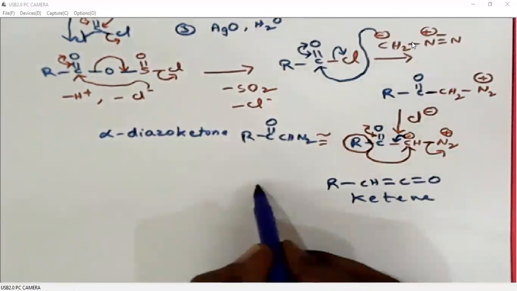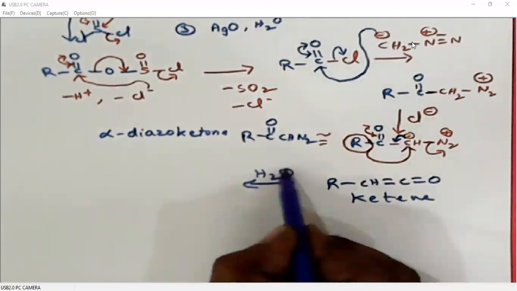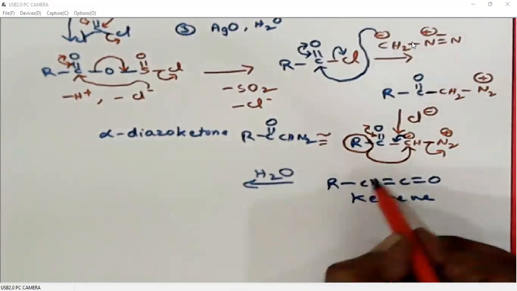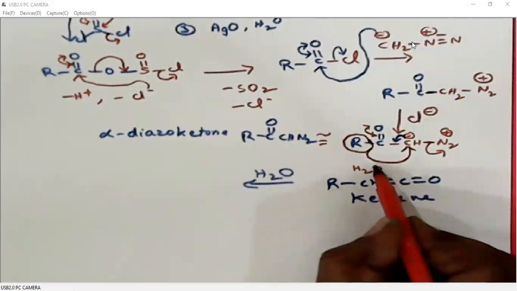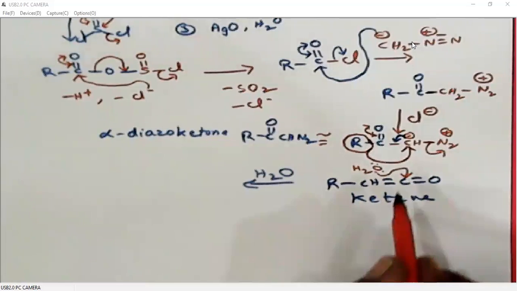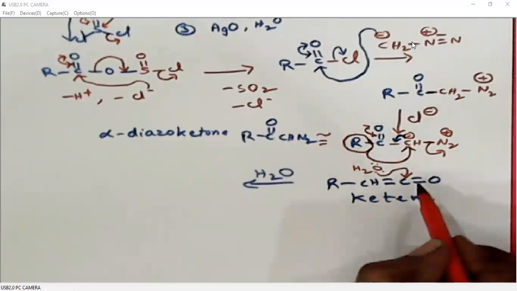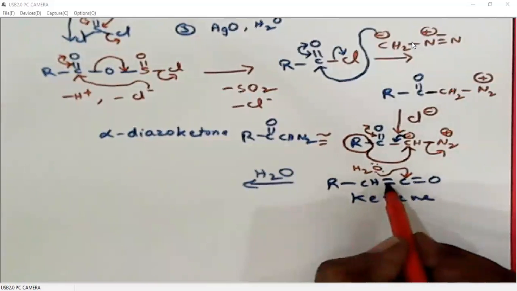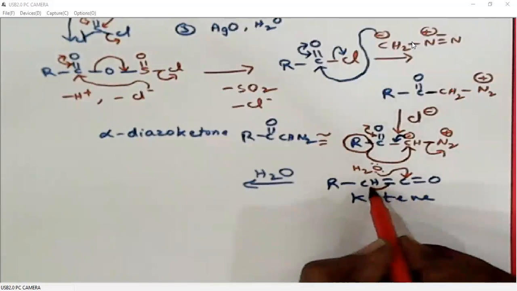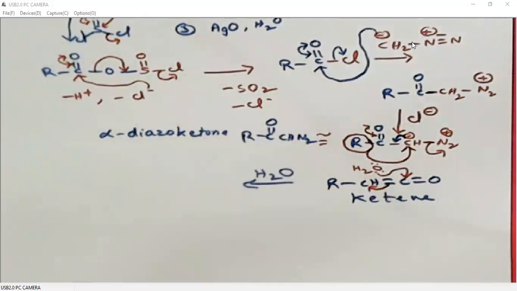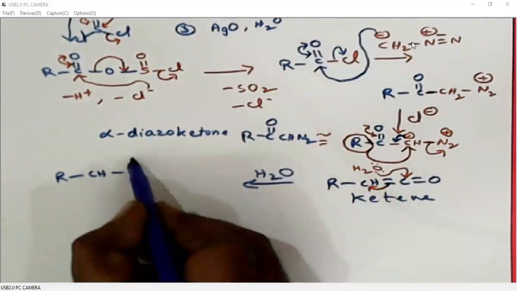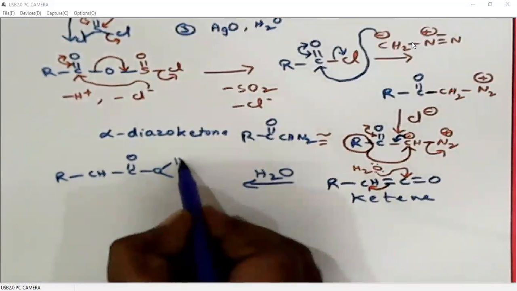Now this ketene, if it is treated with water, a carboxylic acid will be generated. Now where will it attack? Water first will attack on the carbonyl carbon because the carbonyl carbon is electropositive. Of course, the C double bond will break down in the first instance, then again it will form. Now this C double bond C will break down. So the product is RCHCOOH2.